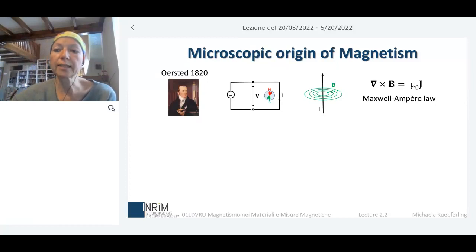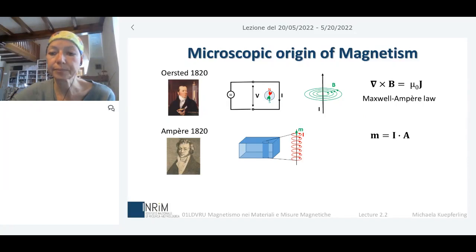And it was understood later, and you already know this now after the lectures of Vittoria, that the Ampère-Maxwell law describes that an electric current produces a magnetic field. So you can see here this current is surrounded by a magnetic field.